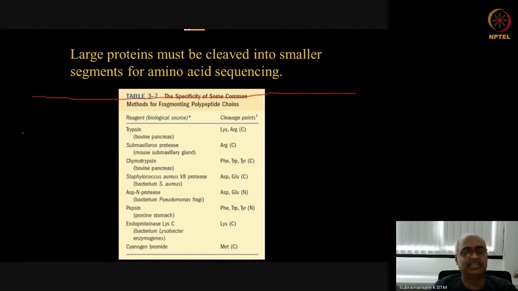Let us say this is a long polypeptide chain, and you used trypsin and it cleaved into, let us say, these many peptides. The way I have drawn here, this is 1, this is 2, this is 3, 4 and 5.